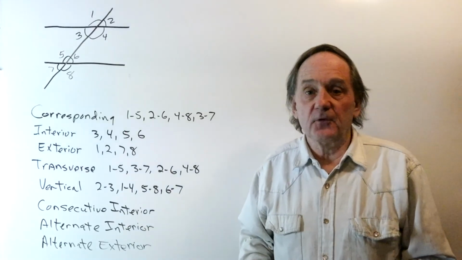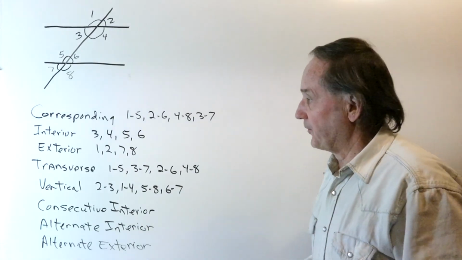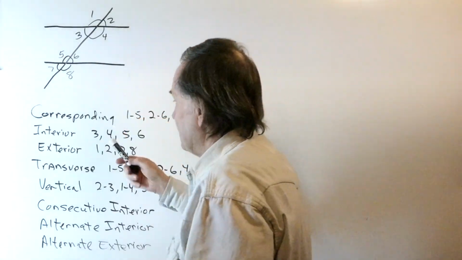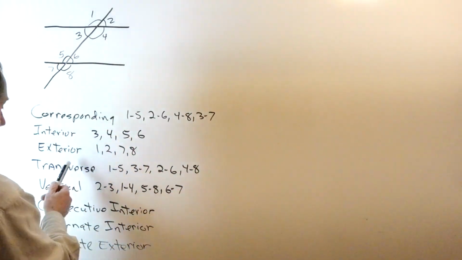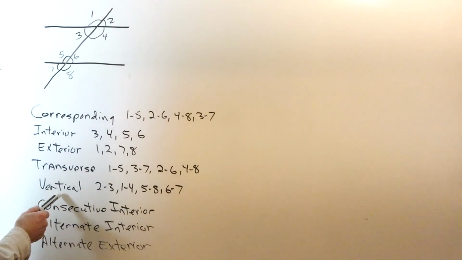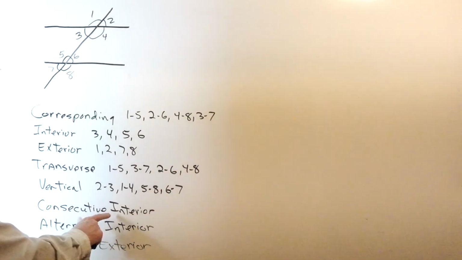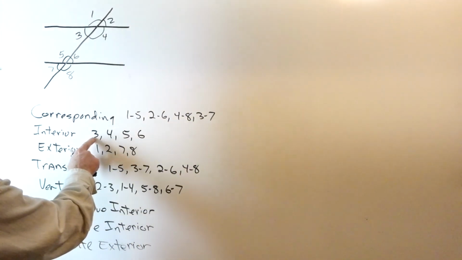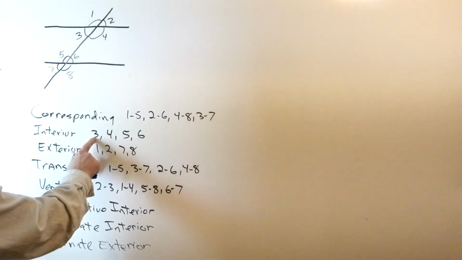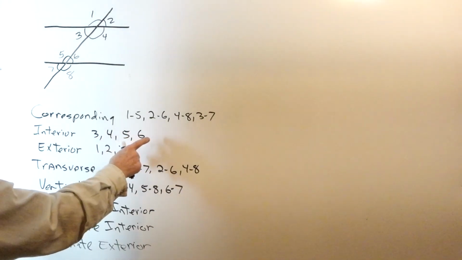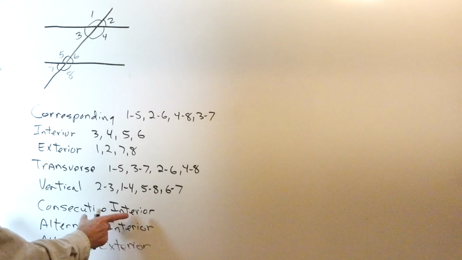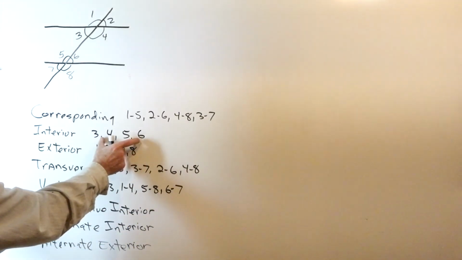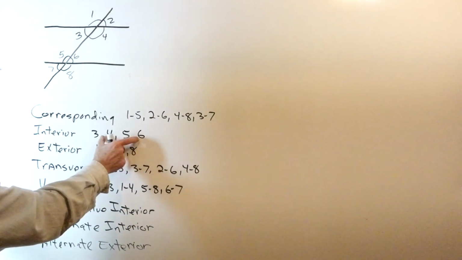We now have a few more definitions of angles to go through. I've rewritten everything here. These are the ones that we've defined so far up through the vertical angles. Now we'll talk about the consecutive interior angles. Well, the interior angles are 3, 4, 5, and 6. So consecutive interior angles must be involving these in some way, pairs of these angles.